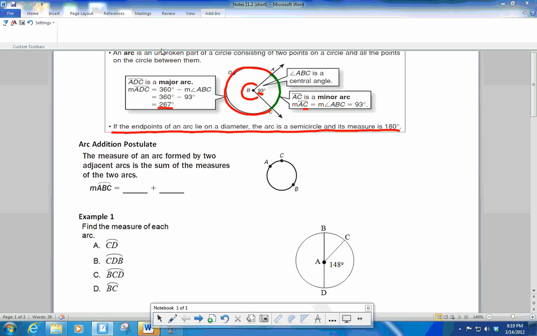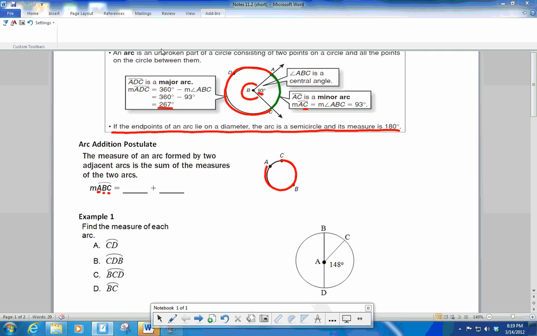And so let's look at our arc addition postulate. The arc addition postulate basically just says the measure of arc ABC, this arc here, from A through B to C, is equal to the sum of the 2 arcs that make that full arc up.